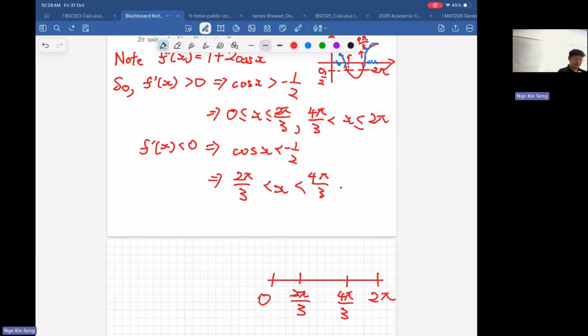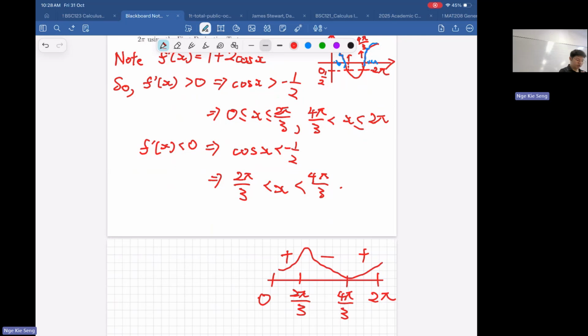You start with positive, then negative, then positive. So you go up, come down, and then go up again, a similar pattern to the first example. So you have a local maximum at x equals 2 pi over 3 and a local minimum at x equals 4 pi over 3.